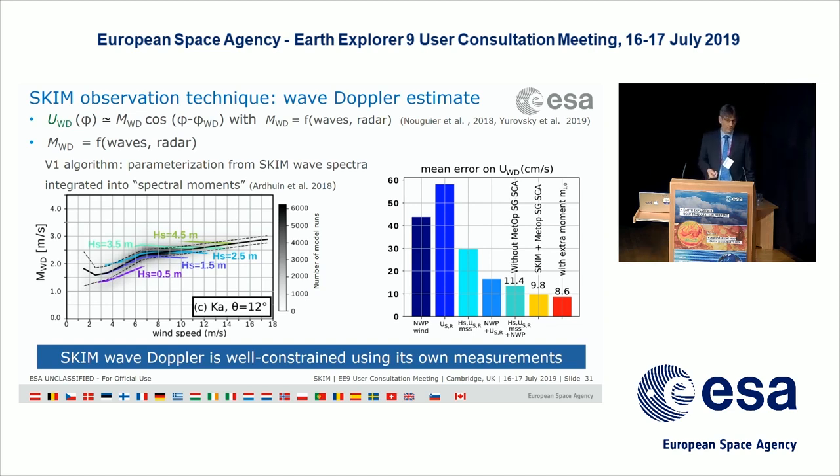Then you can use HS, the mean square slope, and the Stokes drift. Our baseline algorithm uses NWP wind together with the wave height, mean square slope, and Stokes drift from the wave spectra from SKIM. Now, if you have METOP SGB data together, you can reduce the error a little bit, and you can also go further by getting more information on the spectrum.